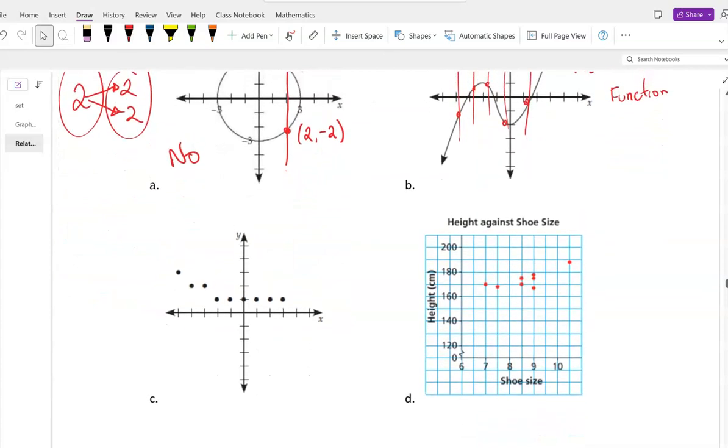You should be able to just look at the graph and say function or no. If you draw a vertical line here, there's no way I can get through 2 different points. So yes, this is a function. On the other hand, here, if I draw right here, you can see there are 2 outputs for the same input. The input being 8.5, 2 outputs. So this is not a function.